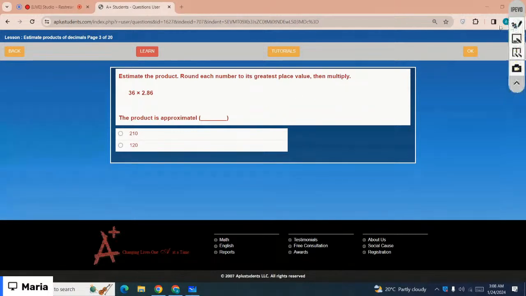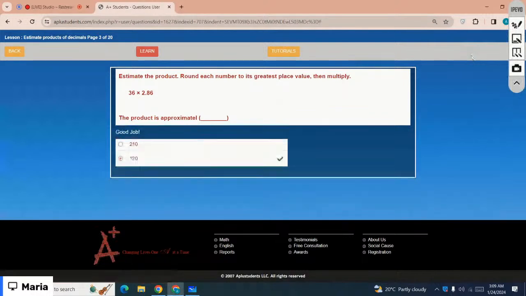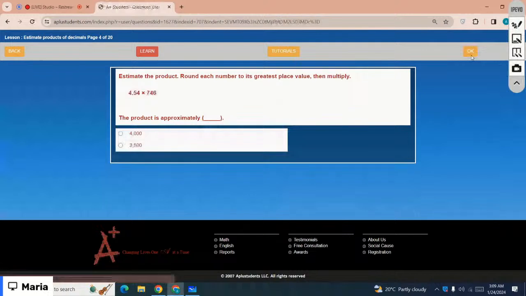Got it? Okay, the next one is 4.54 times 746. So which is the correct option? 746 is rounded off to which 100, right? So which is the correct option?